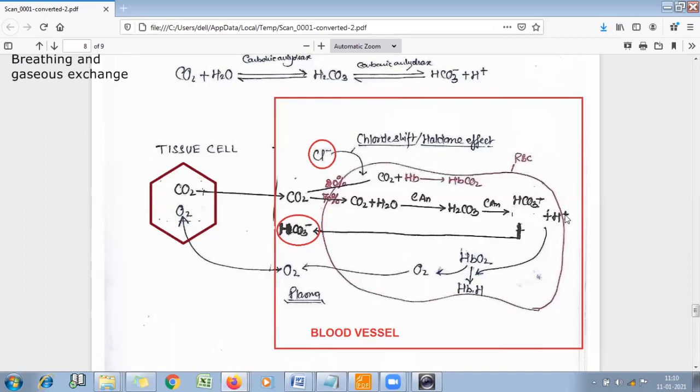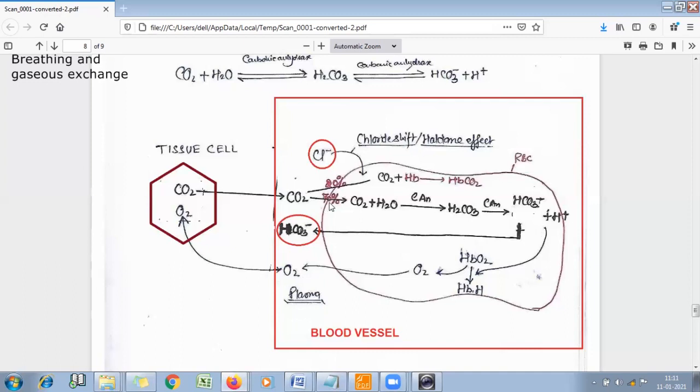So we can see here what happens with the hydrogen ion concentration. Another mechanism is also taking place, as the oxygenated or bound hemoglobin, oxyhemoglobin, has to leave oxygen and it has to be transported into the tissue. So dissociation of oxyhemoglobin takes place here, and it leaves oxygen, and the hydrogen ion binds with this hemoglobin.